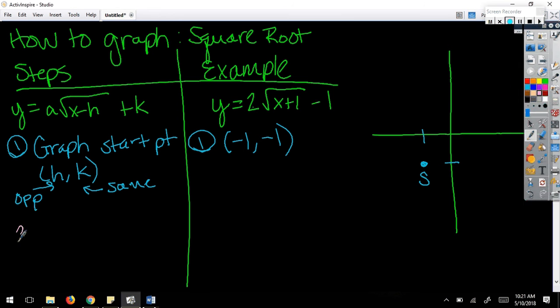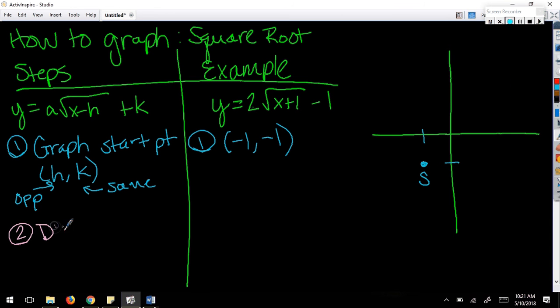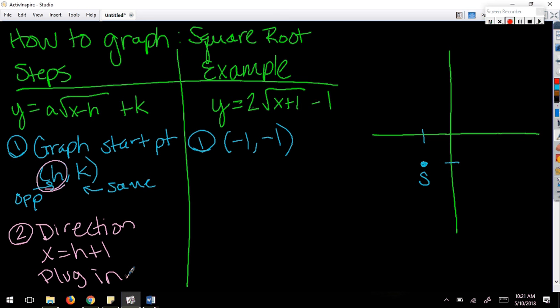Next thing I'm going to do is I need my direction point. So what I'm going to do, I'm going to take my start point and I'm going to add 1 to it and plug in. You add it to -1, or add it to what you changed.